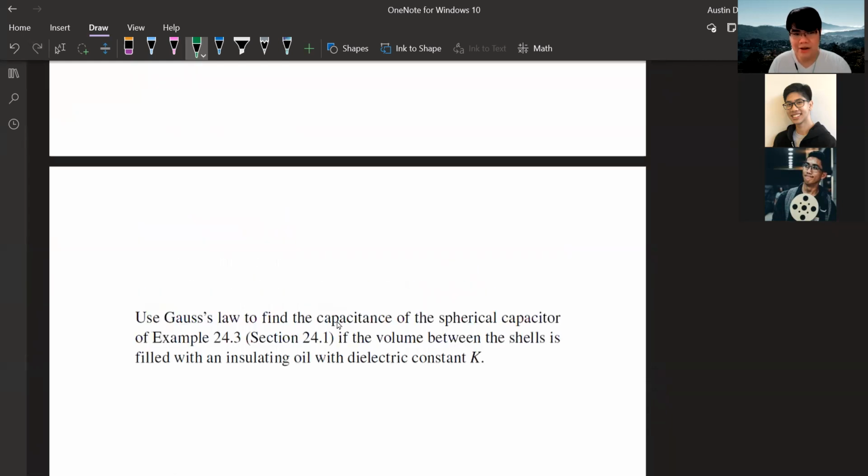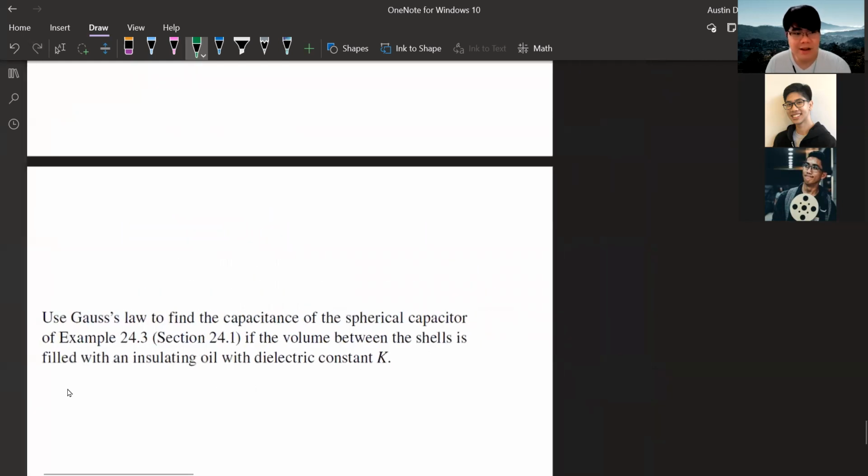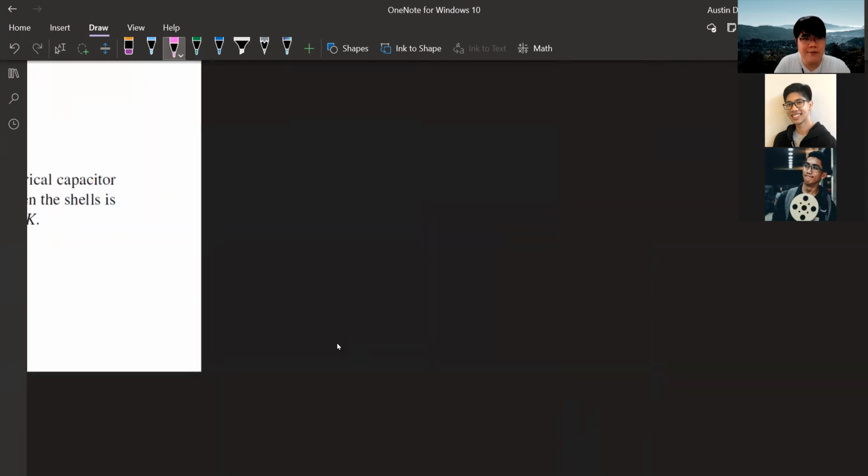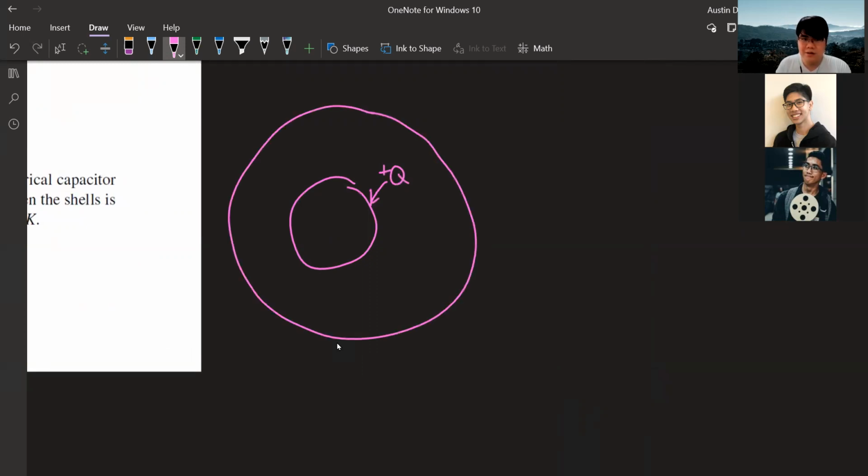Ngayon naman, however, yung volume between the shells is filled with an insulating oil with dielectric constant K. Okay, so kanina, meron kang Q on this surface, plus Q. And then the other one, you have negative Q on that. Okay, and the new thing about this example would be filling it up with some oil with the dielectric constant.